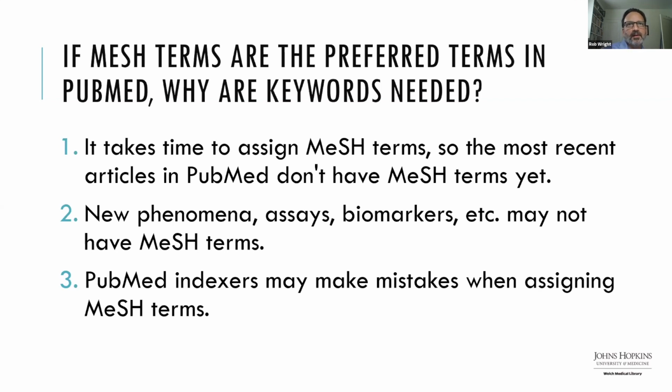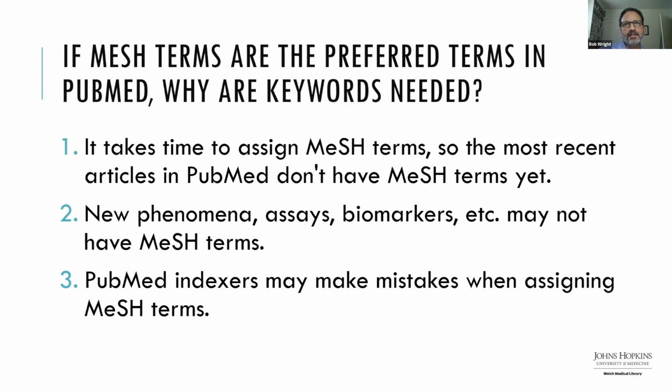Also, I alluded to this earlier, new phenomena, assays, biomarkers, disease states, etc., may not have MeSH terms yet. So MeSH is a growing system. MeSH terms are added every year, but there's a deliberative process that goes into adding terms to MeSH.